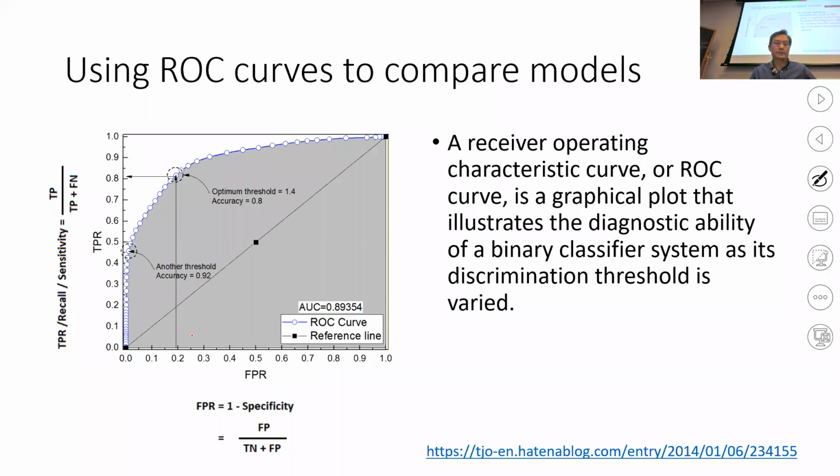So this is a two-dimensional space defined by the false positive rate in the x-axis and, in the y-axis, the true positive rate.